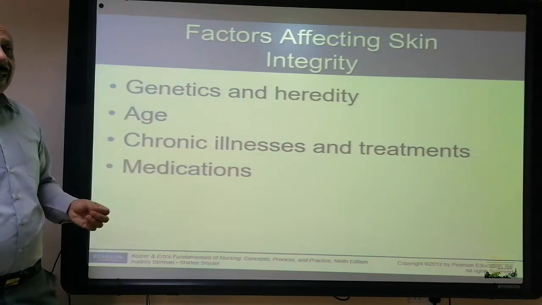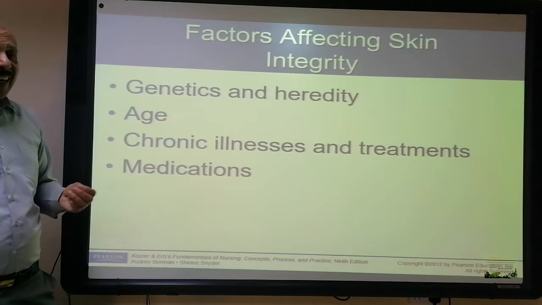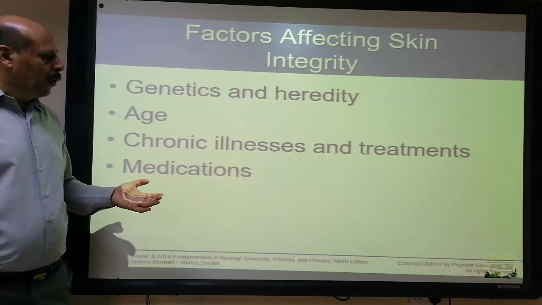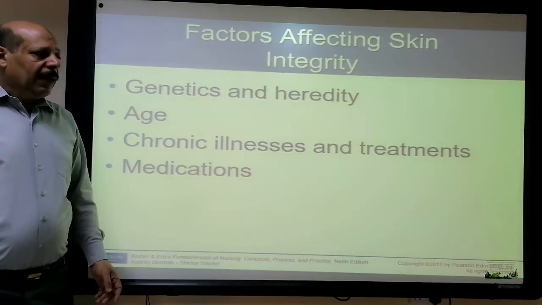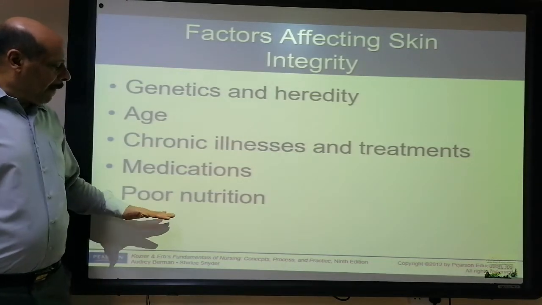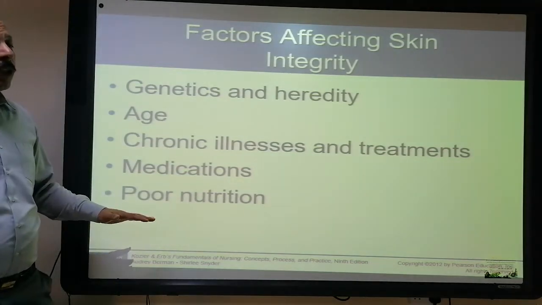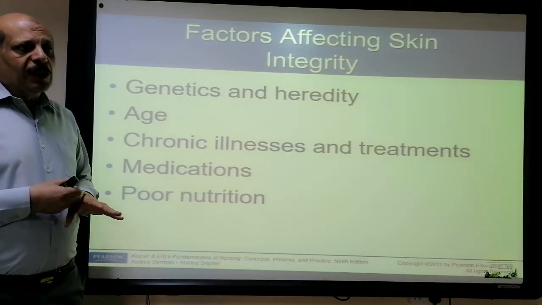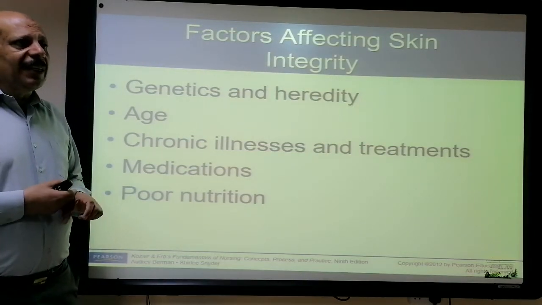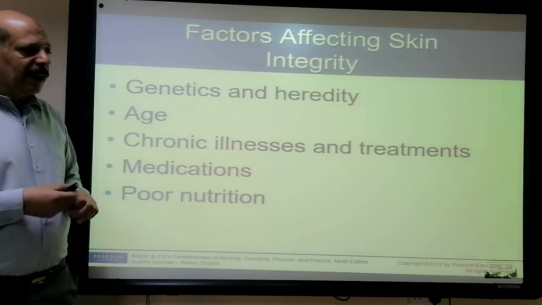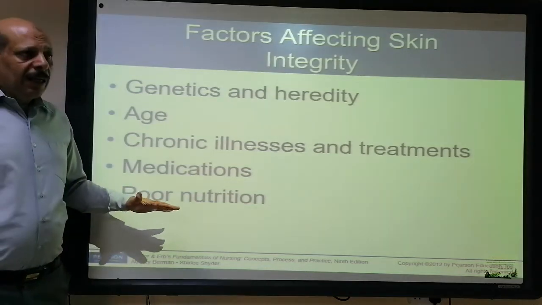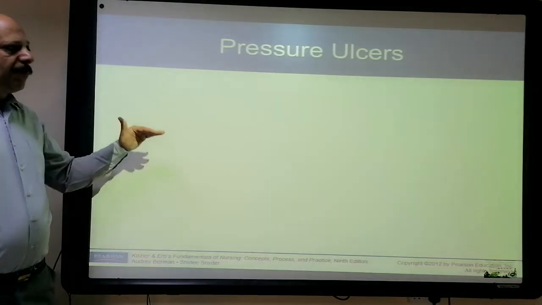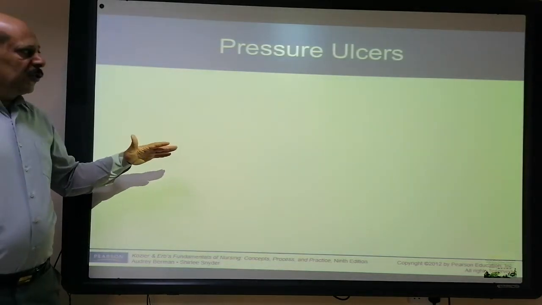It will make the skin thin and more prone to infection and sensitivity. Poor nutrition will lead to loss of subcutaneous fat under the skin, the skin becomes weak, and it will be affected by any injury.